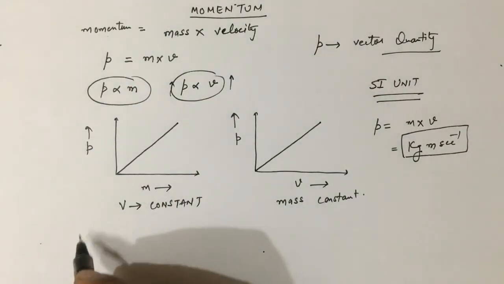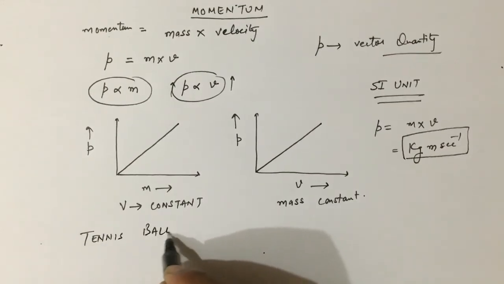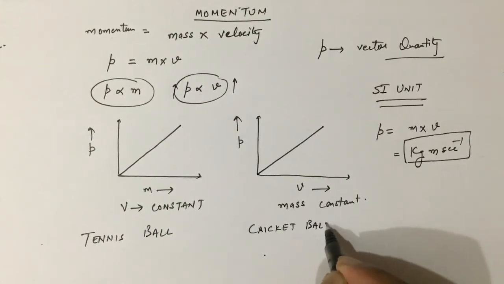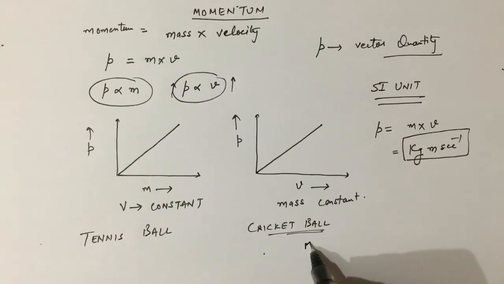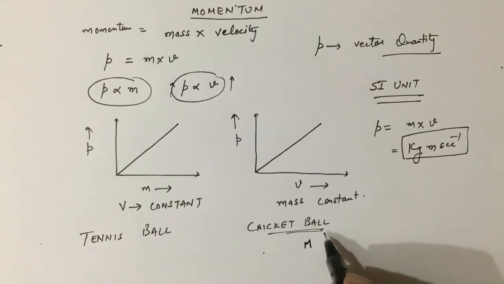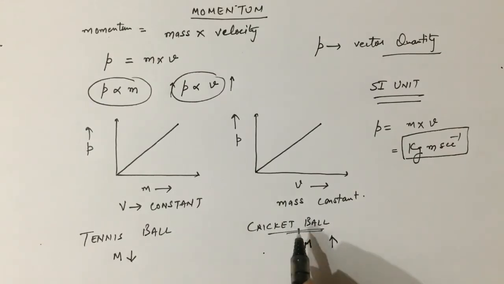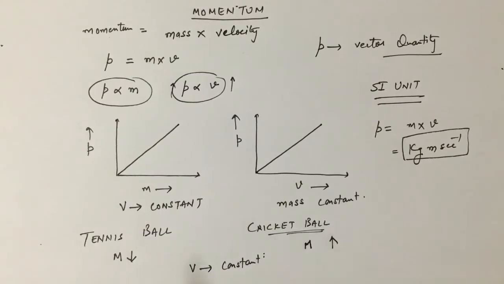Let us understand the concept of momentum with an example. Suppose we have two balls, a tennis ball and a cricket ball. We know that the mass of the cricket ball is greater, but the mass of the tennis ball is less as compared to the cricket ball. Suppose these two balls are moving with the same velocity, so the velocity is constant in this case.